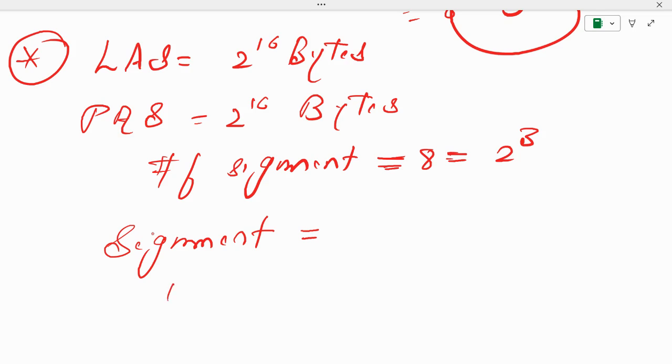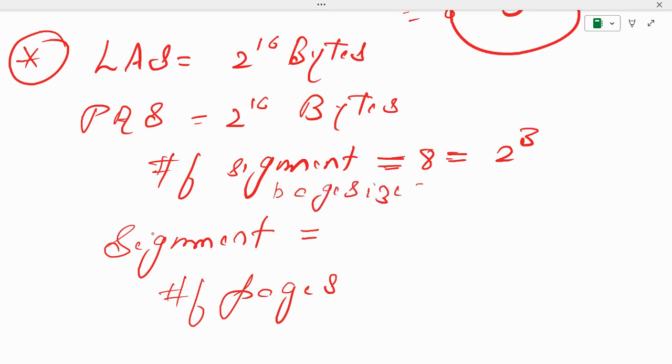And we don't know the number of pages into which we have divided the segment. So let's say we take the page size, into which the segment has been divided, as x. Page size is x. If the number of segments is 8, so definitely in the LAS, S corresponds to 3 bits, and D, let's say D is the size of the segment.